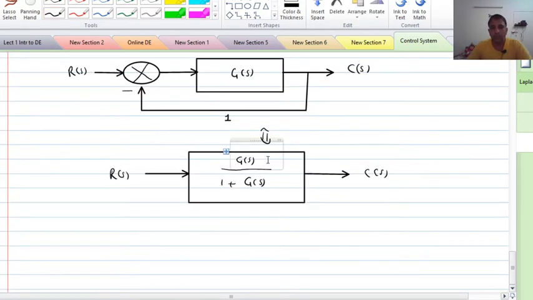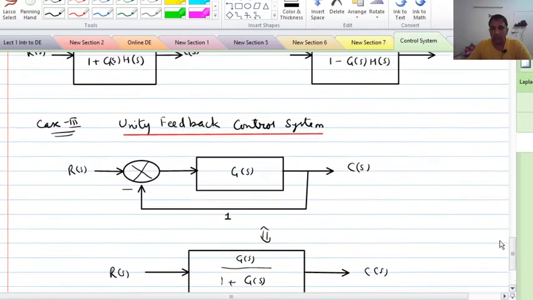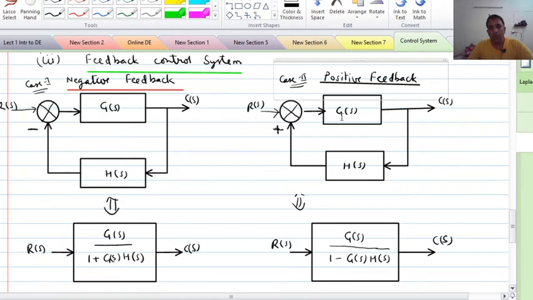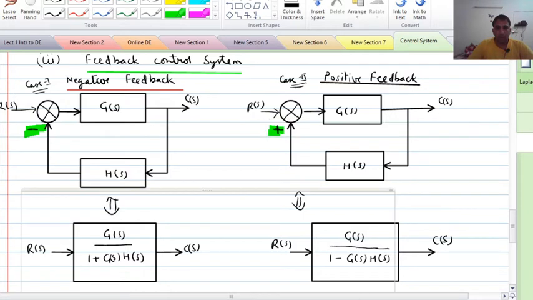Now the next topic is the feedback control system. Here three possible cases are there: either a negative feedback control system or a positive feedback control system, depending on the sign of the feedback we are using, whether it is minus or plus, because in that case the output will change.